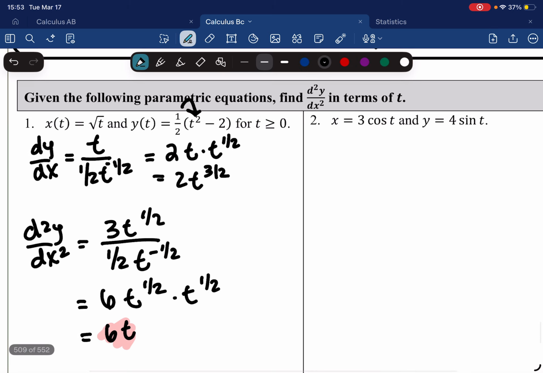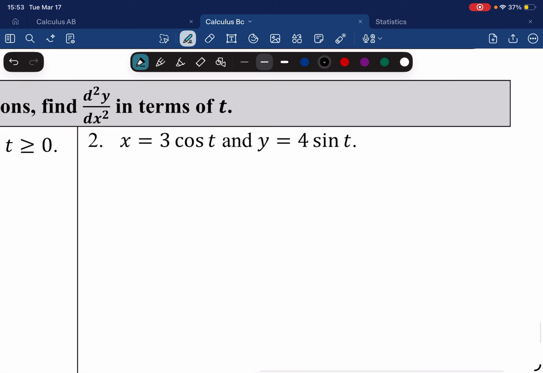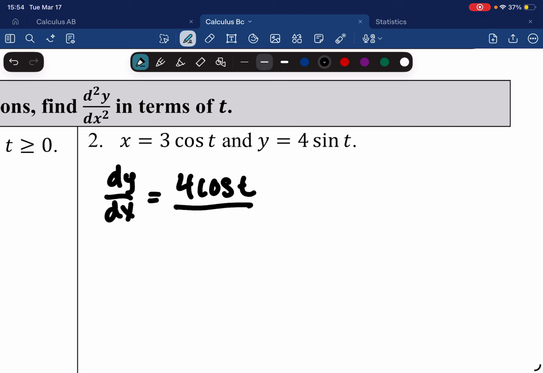Okay, next, number 2. I have to find dy/dx first, so I would take the derivative of y, which is 4 cosine t, and divide it by the derivative of x, which is negative 3 sine t. This can simplify to negative 4/3, so I take out the constants to make a fraction, and cosine divided by sine is cotangent t.